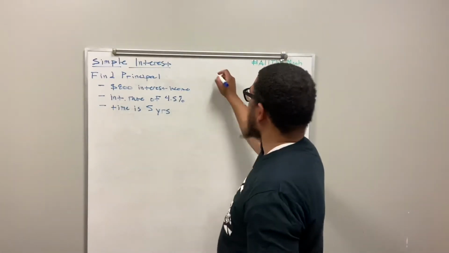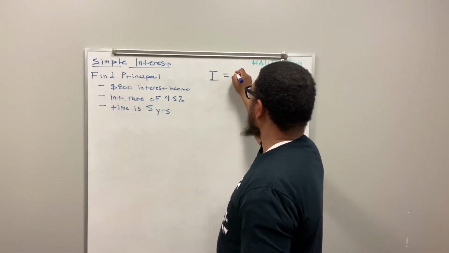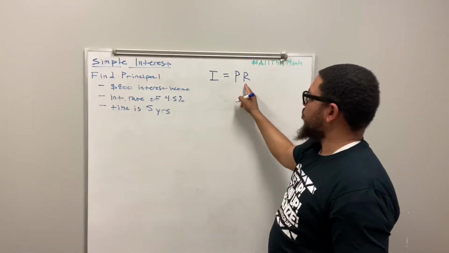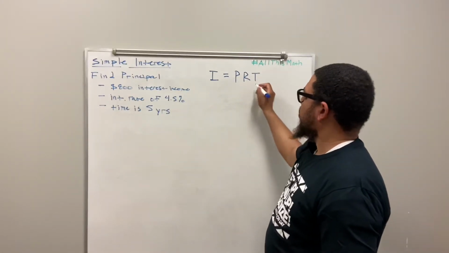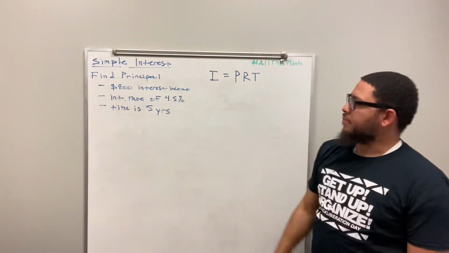And the formula that we use is I, which stands for the interest income, equals P, which stands for the principal, times R, which stands for the interest rate, times T, which stands for the amount of time. All right. So I equals PRT.